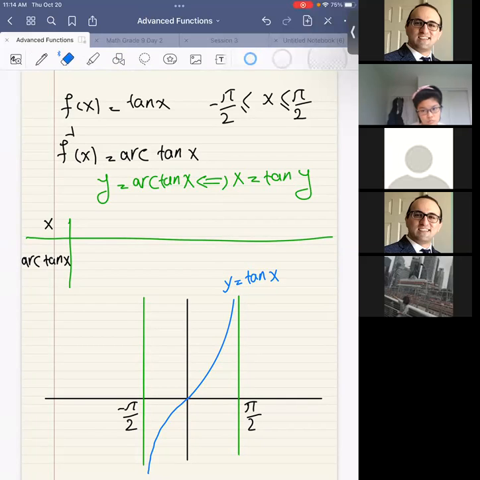And sorry, I have to remove this equality because x cannot be equal to minus pi half and pi half. It's strictly between minus pi half and pi half. Okay, so I was telling you that the range of tangent is the whole real numbers from minus infinity to infinity. So that means the domain of arctangent is from minus infinity to infinity.